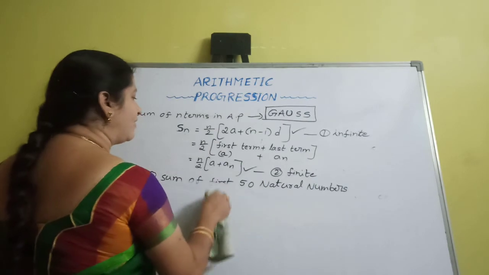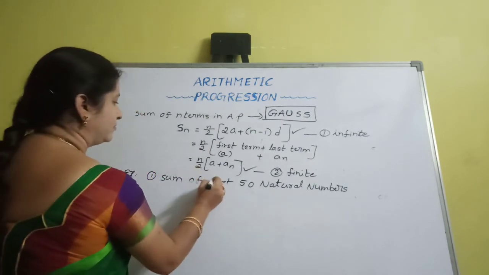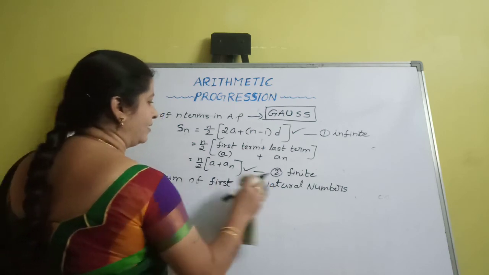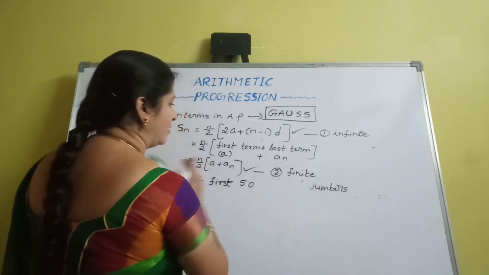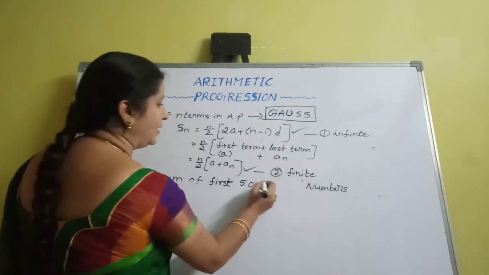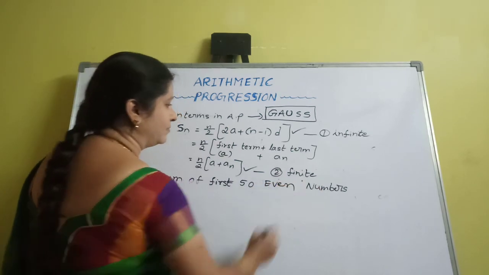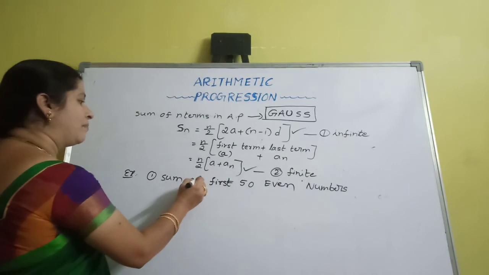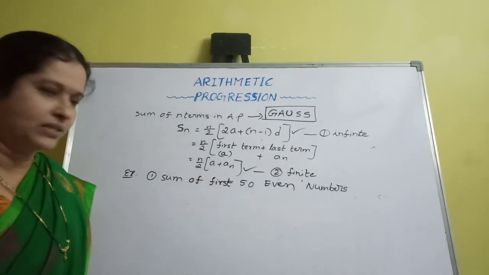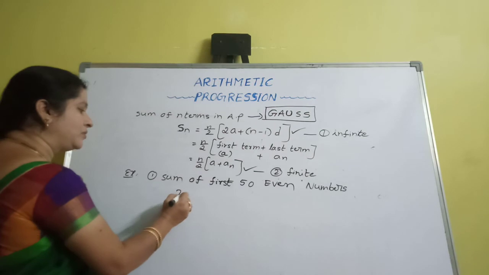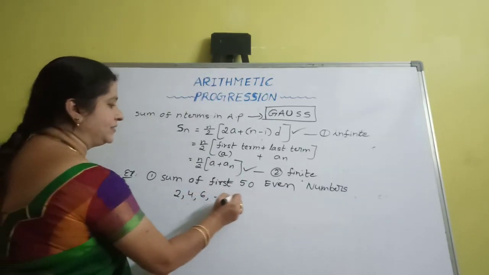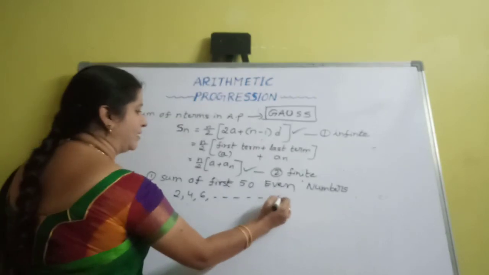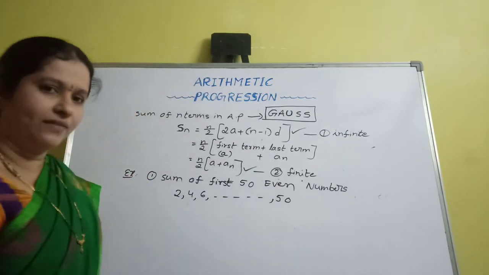Again the second example: sum of first 50 even numbers. Some questions are also like this. So what is the series of this statement? Sum of first 50 even numbers. The first even number is 2, 4, 6, etc. The last even number, 50, is an even number.